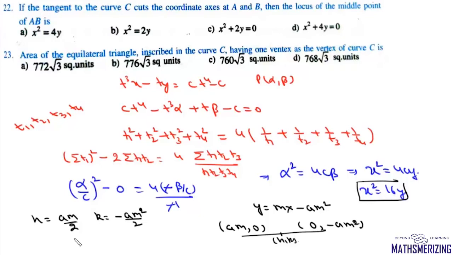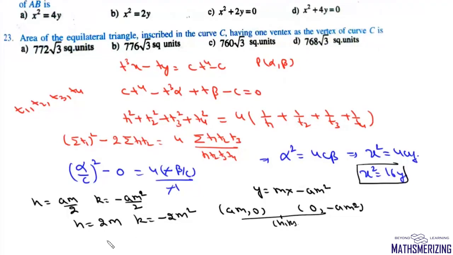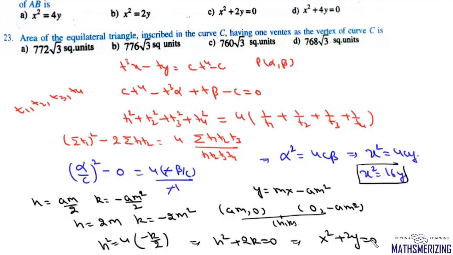So h will be 2m, and value of k will be minus 2m square. Now we'll square it, we'll get h square equals 4 m square. And what's m square? m square is minus k by 2. So we'll get this equation as h square plus 2k equals 0, which is x square plus 2y equals 0, and that's your option C.